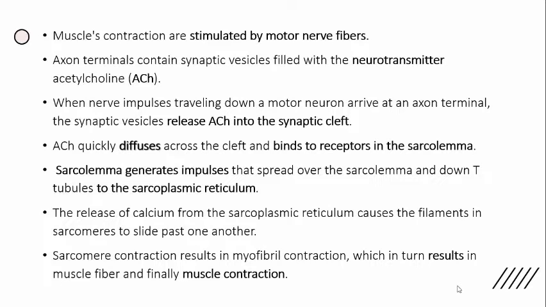ACh quickly diffuses across the cleft and binds to receptors in the sarcolemma. The sarcolemma generates impulses that spread over the sarcolemma and down T-tubules to the sarcoplasmic reticulum. The release of calcium from the sarcoplasmic reticulum causes the filaments in sarcomeres to slide past one another. Sarcomere contraction results in myofibril contraction, which in turn results in muscle fiber contraction and finally muscle contraction.